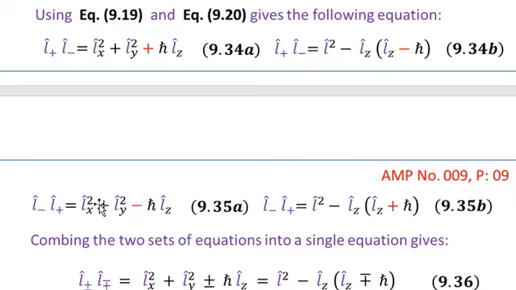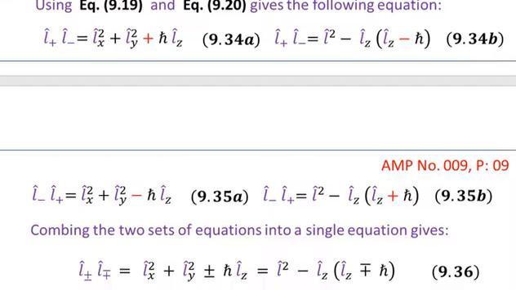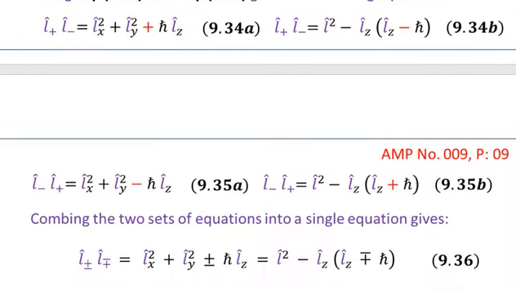Similarly, I can also write the other relationship, that is L plus with L minus, as shown in equation number 35A. And of course, similarly in the form of L square, I can write the same equation as shown in 35B. So you see that these are the four equations, and I have shown their plus and minus signs also, because these signs will change when I write equation number 9.36.